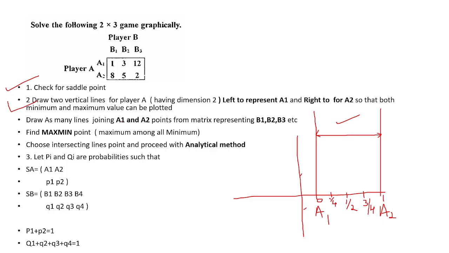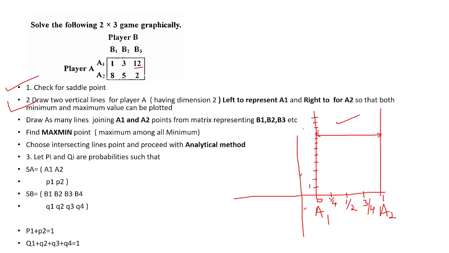Next is to draw the lines, taking these as the coordinates. Let us take these as the points on A1: 1, 2, 3, 4. The maximum point is 12. 4, 5, 6, 7, 8, 9, 10, 11, 12.